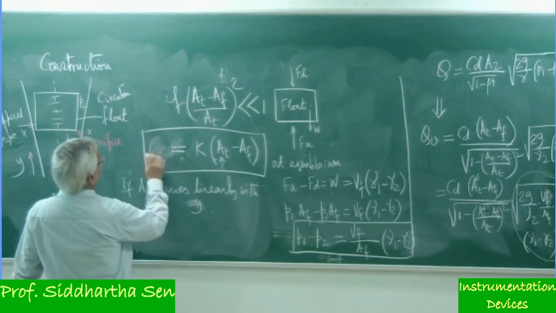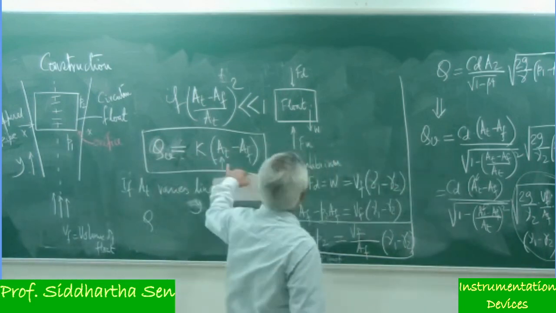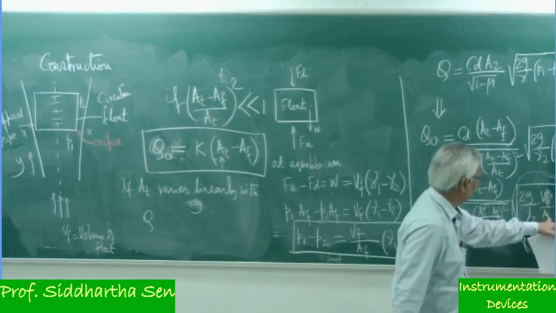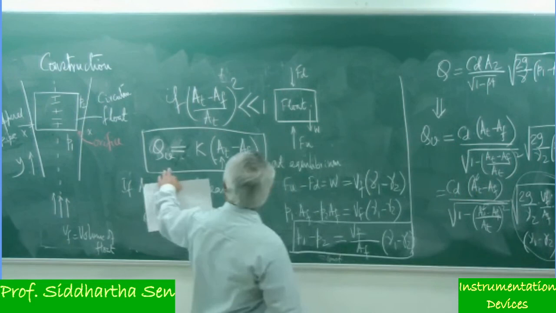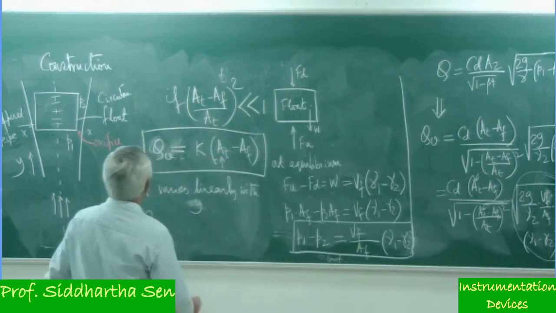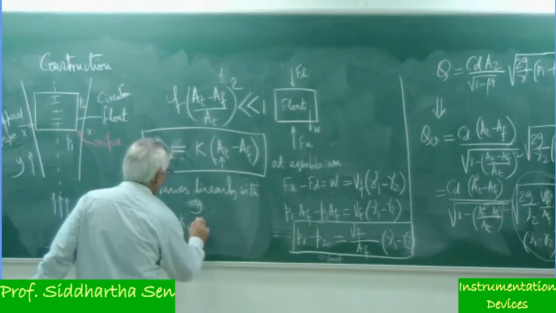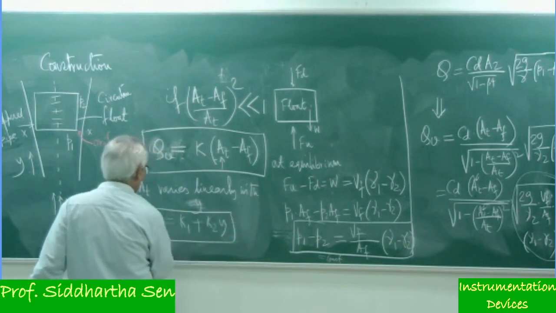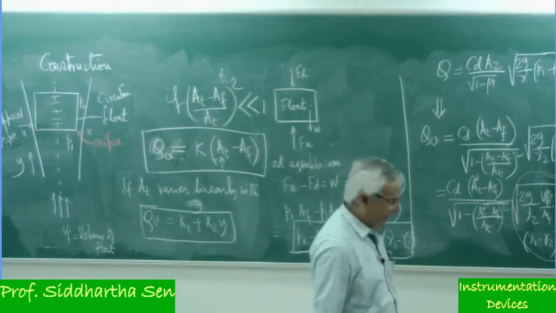It is QV, coming from this one. QV is equal to constant CD times twice G by gamma 2, VF by AF, gamma 1 minus gamma 2. All of them are constant. So the QV can be expressed in terms of some constant K1 plus K2 into Y. So we have a linear relationship, and that is the advantage.